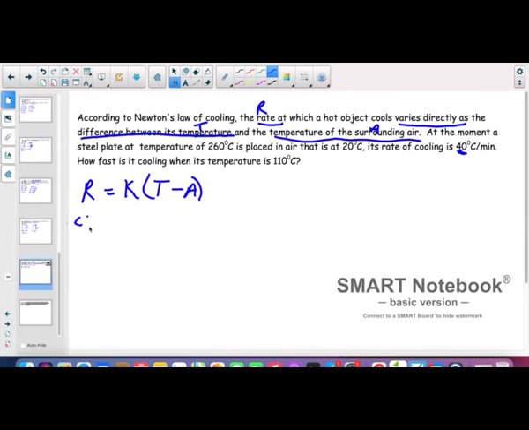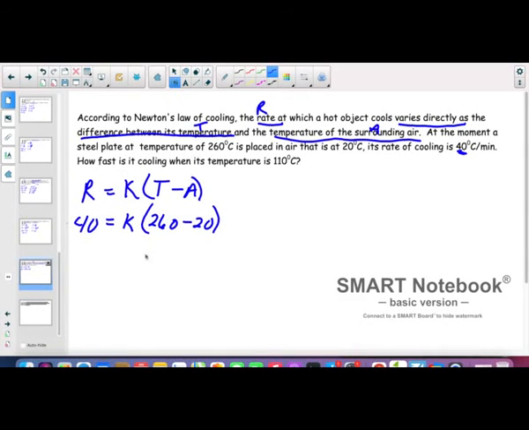I'm going to put 40 in for R. We don't know what K is. T was the temperature of the object. So it says at the moment a steel plate at temperature 260, so the object is 260 degrees, is placed in the air, so the air surrounding that object is 20 degrees, so that's minus 20.